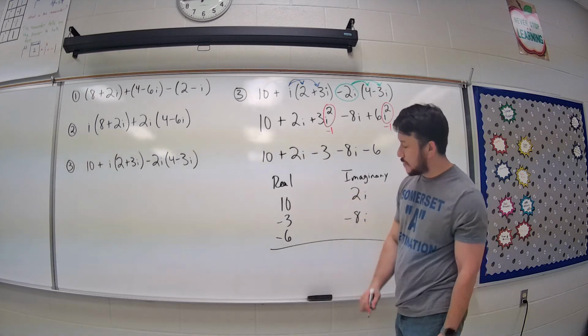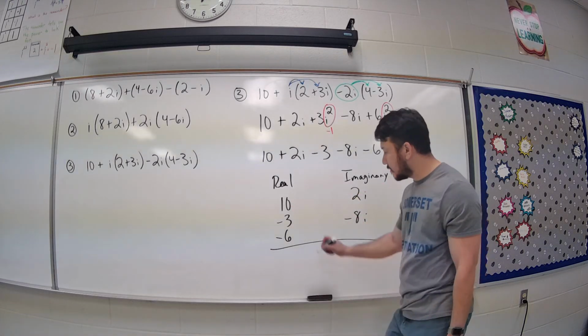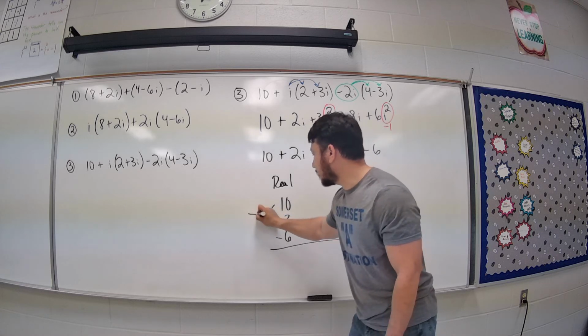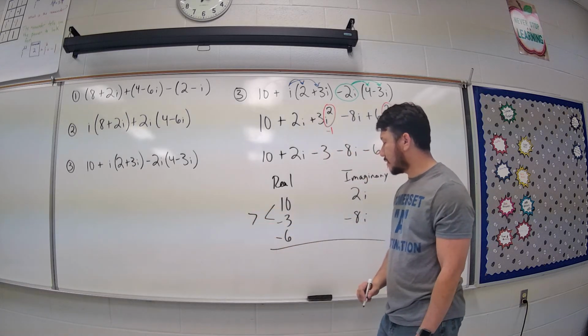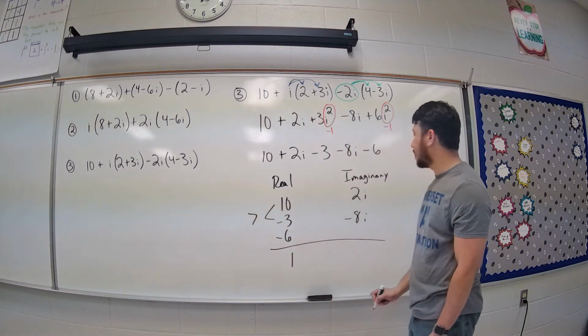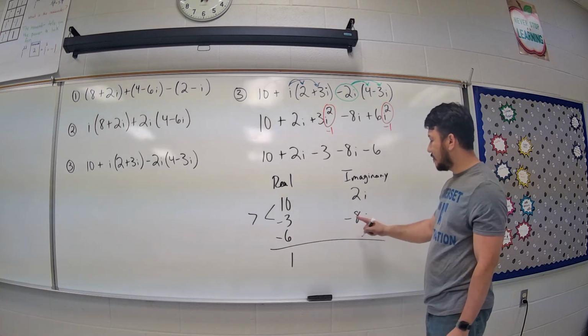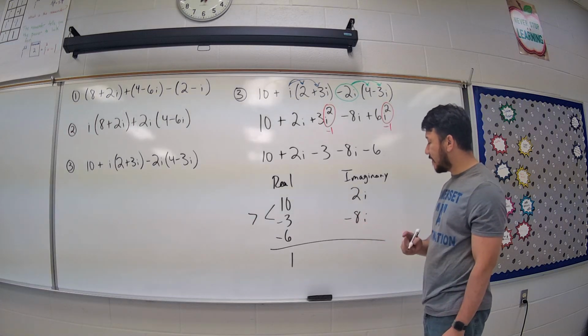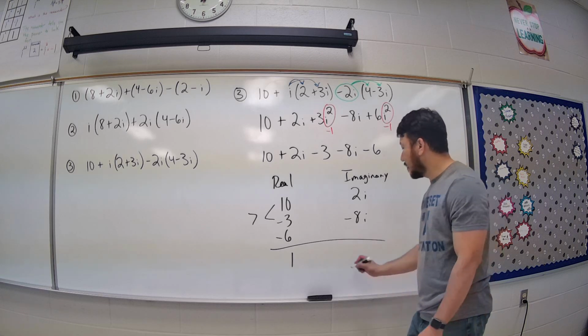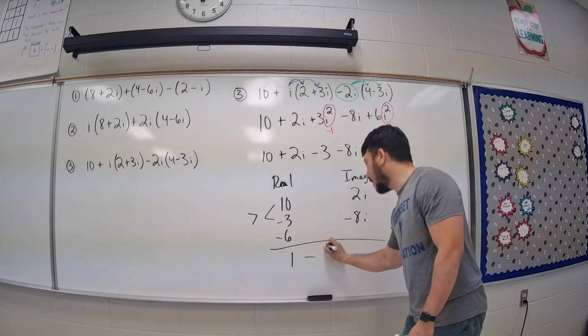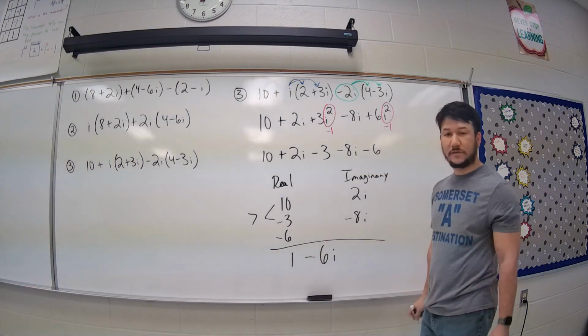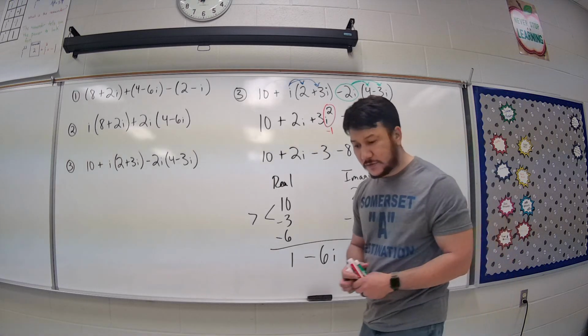We got 10 minus 3, well that'd be 7. What's 7 minus 6? 1. Imaginary, we'll have a positive 2i and a negative 8i. They're going to subtract each other. So I'm going to have more negative, so a negative 6. Okay. Make sure you fill in those answers.